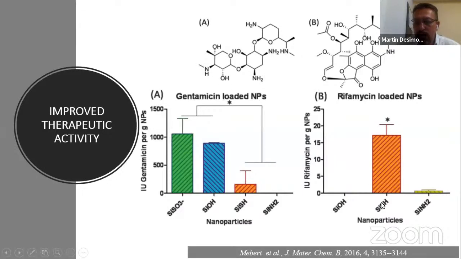And we can prepare nanoparticles with thiol groups on the surface that are more appropriate for the delivery of this second antibiotic, rifamycin. This is mainly due to the surface interactions established between the sulfonate groups of the nanoparticles and the molecules of the antibiotics.